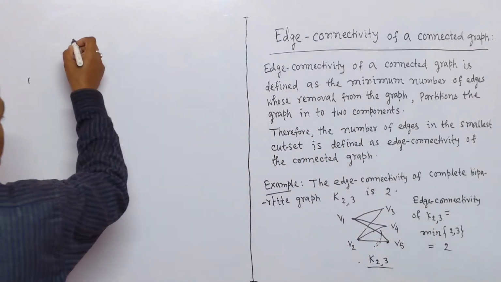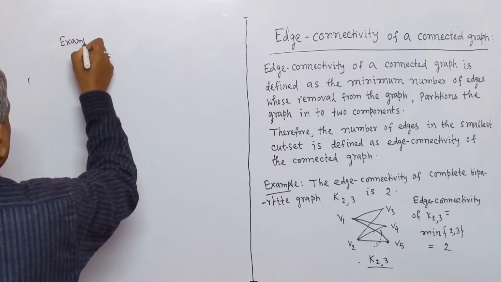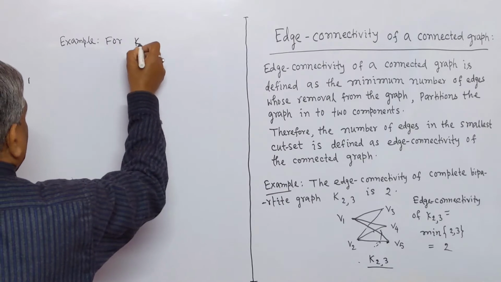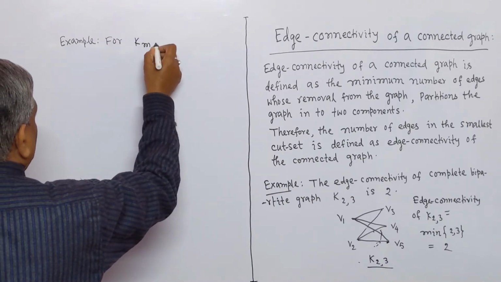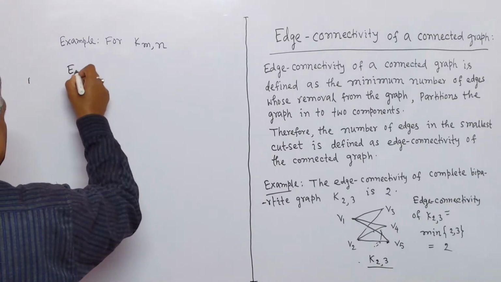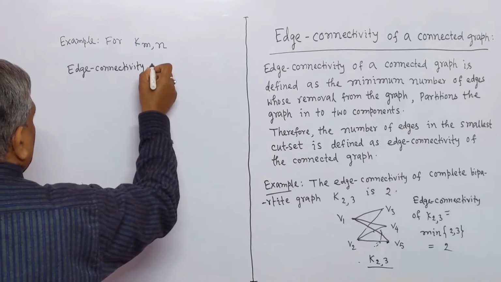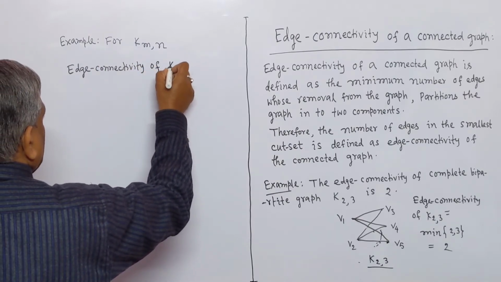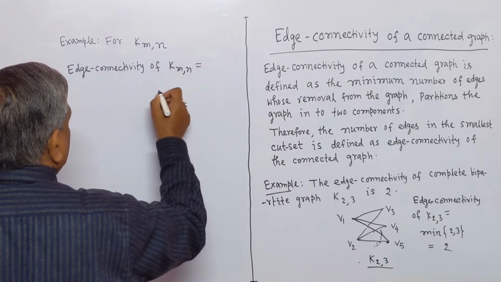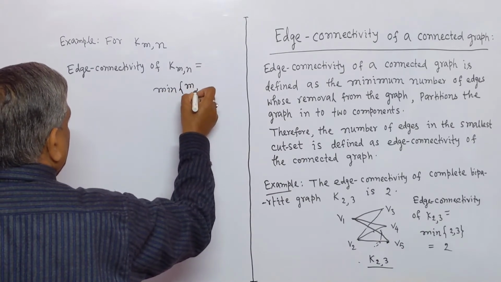Similarly, for K(m,n), complete bipartite graph, the edge connectivity of K(m,n) equal to minimum of m and n.